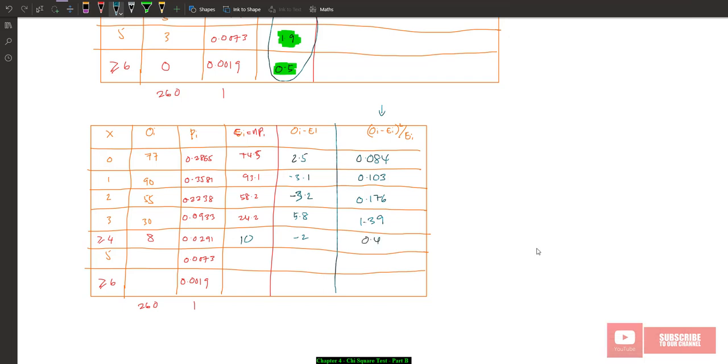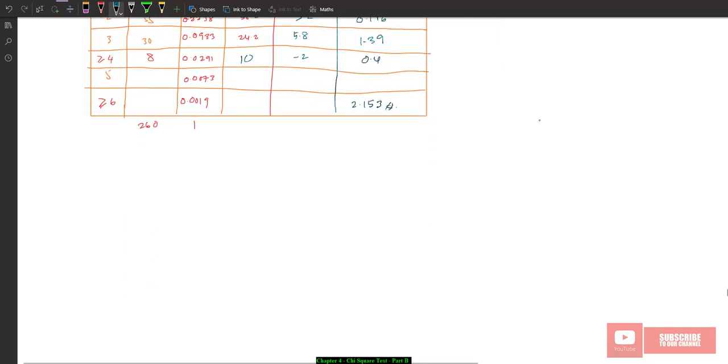And the total of the goodness of fit value should be equal to 2.153, right? So now we already have the value of chi-squared calculated. Chi-squared calculated should be equal to 2.153. So let us draw a critical region.